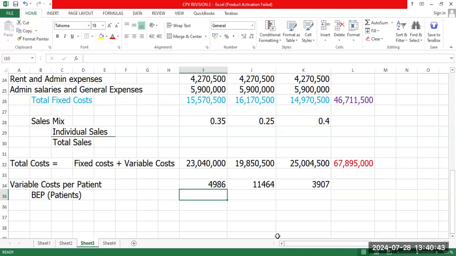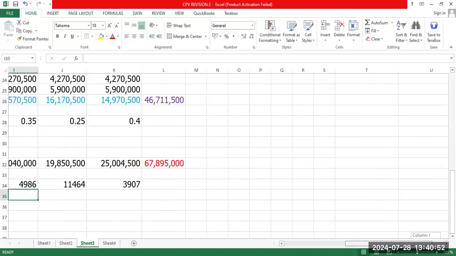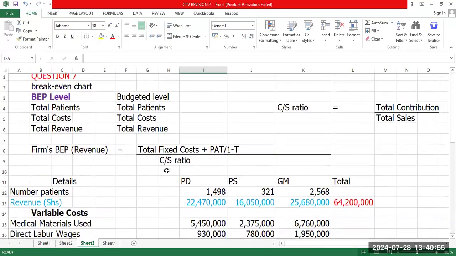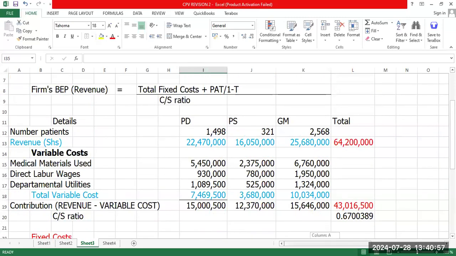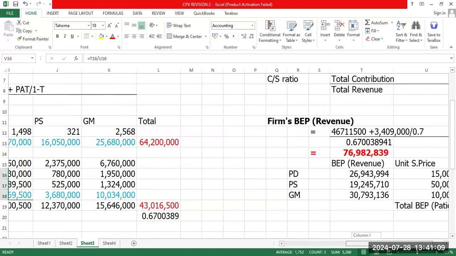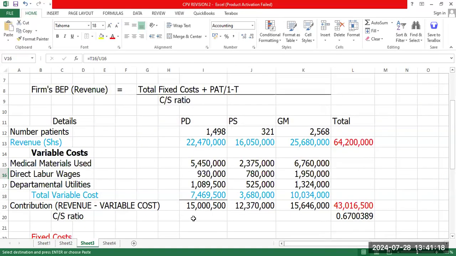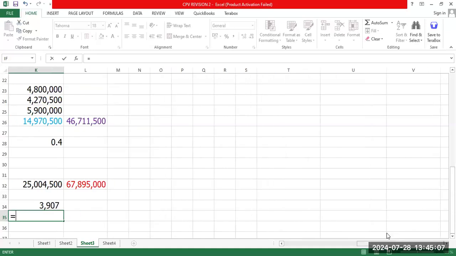We had how many? We had that working somewhere. Where is that working? It's here. We have these ones, break-even point, patients, they are here. So what I'm going to do is to put this one here. Our break-even point in terms of patients, it is this one.